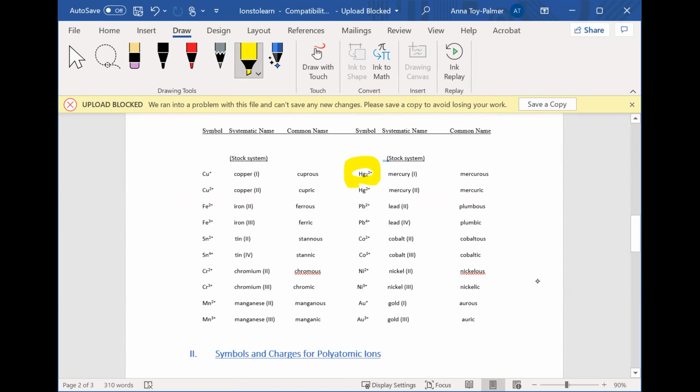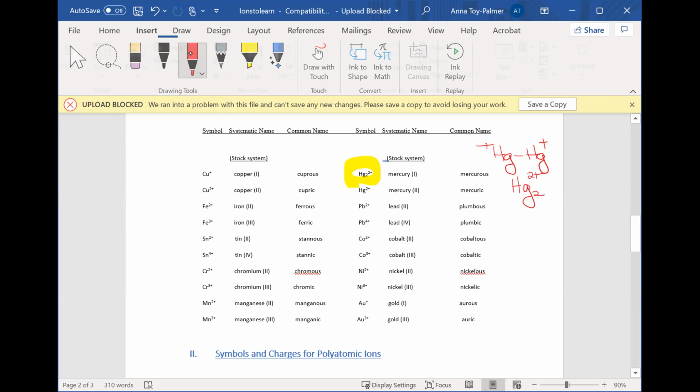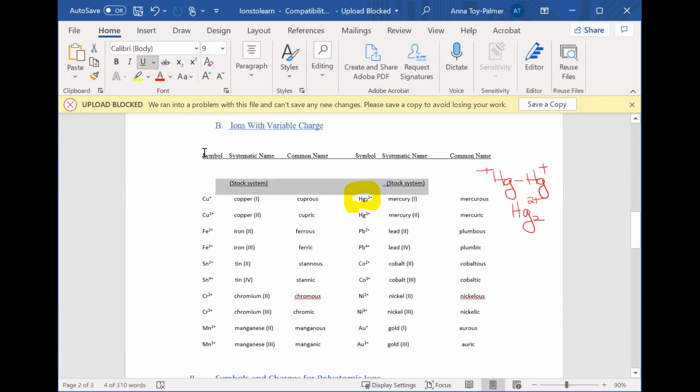Each mercury atom has a +1 charge, but the mercury 1 always shows up as a complex of 2 mercury atoms. Everything else in my list here, they're just the single metal cations.